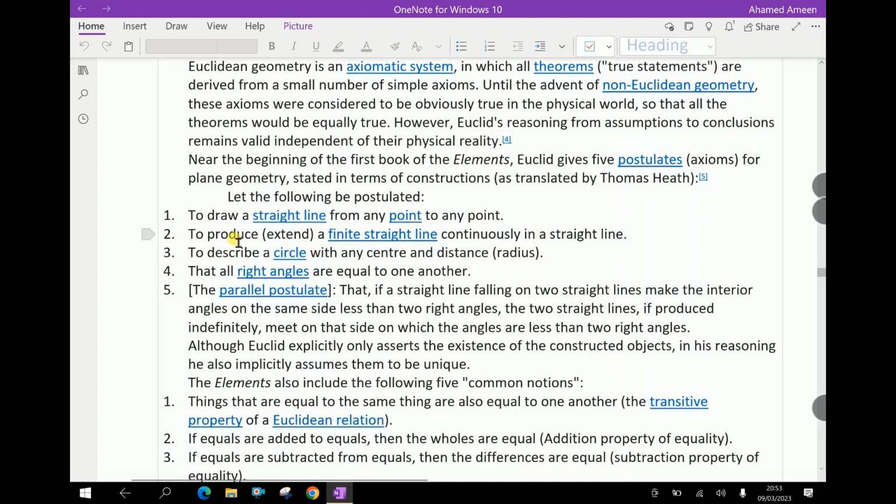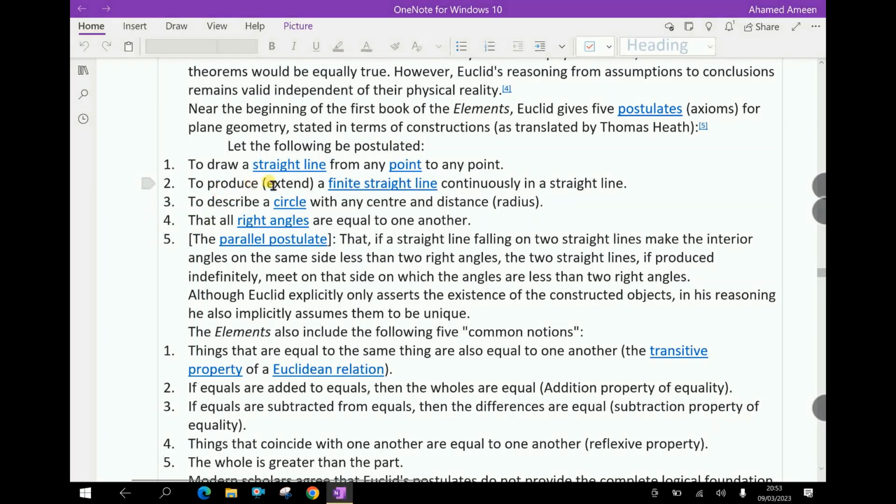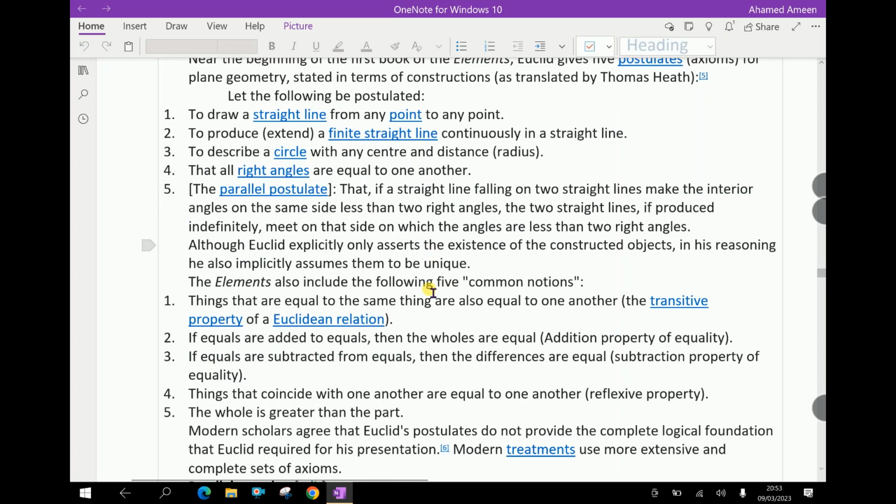Euclid has 5 postulates. First one, to draw straight lines from any point to any point. Second one, to extend a finite straight line continuously in a straight line. Third, to describe a circle with any center and distance, that is radius. Fourth, that all right angles are equal to one another.